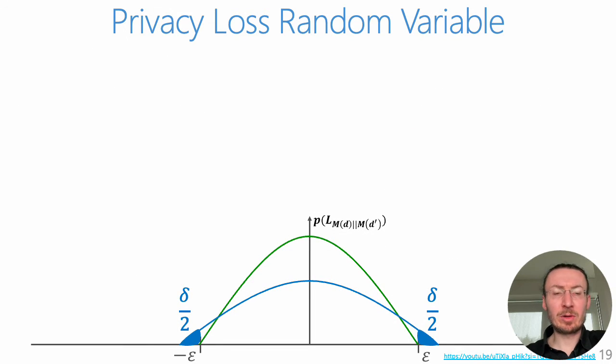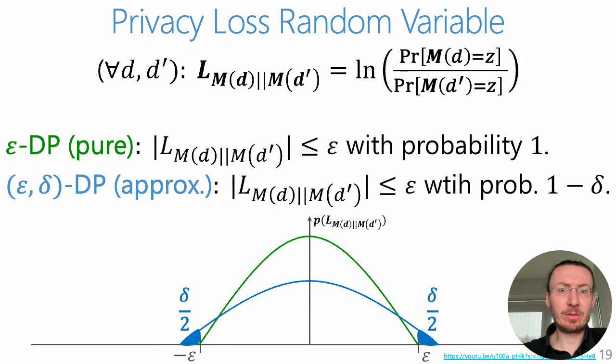So let us analyze the privacy random variable L more. In this case, for pure DP without any delta, in the green color, the variable is less than or equal to epsilon always, with probability 1. Whereas in the blue color, the approximate epsilon-delta DP, the privacy random variable L is less than or equal to epsilon, but with probability 1 minus delta. Thus the guarantee might fail with probability delta.